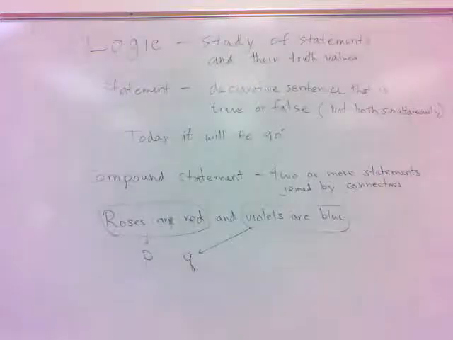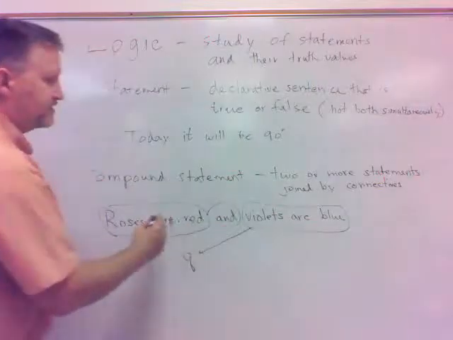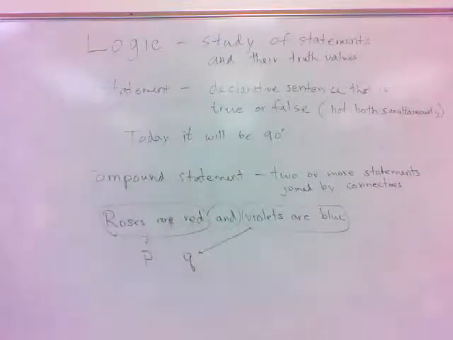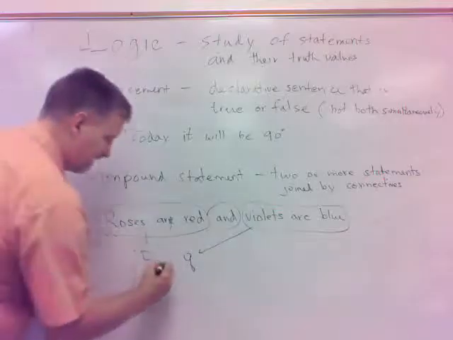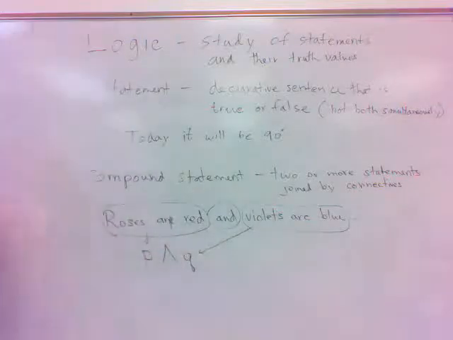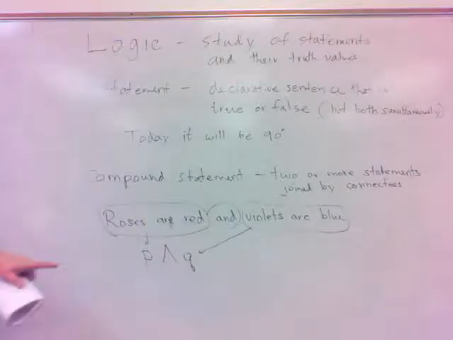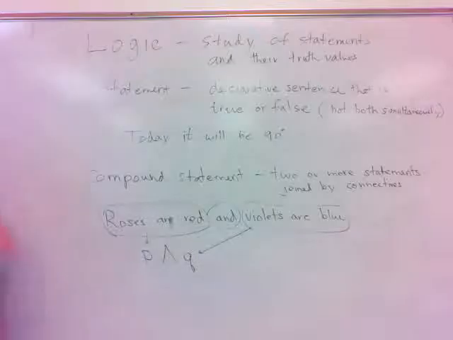So letters represent statements, no big deal there. Then the and statement is represented by this symbol, which looks like the tip of an arrow, kind of like a capital A without the little bar. That's what and looks like.